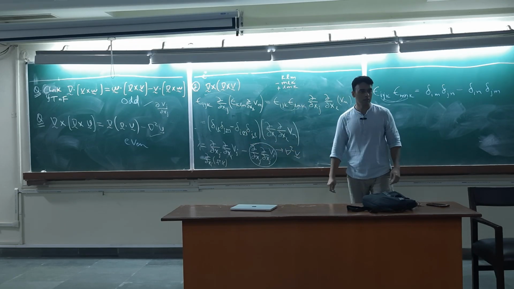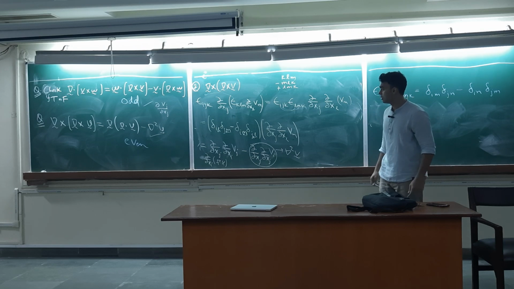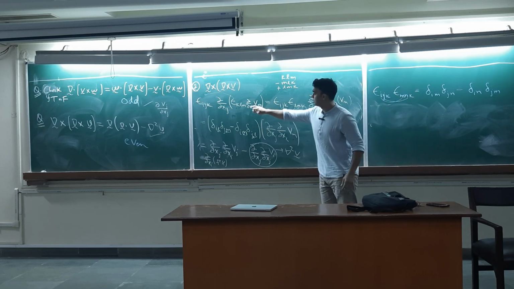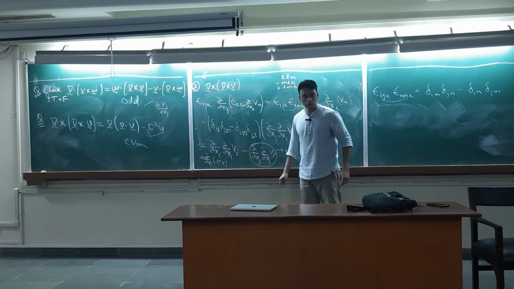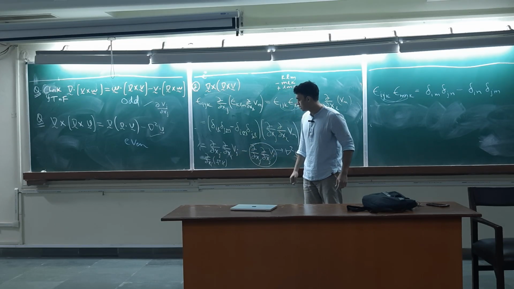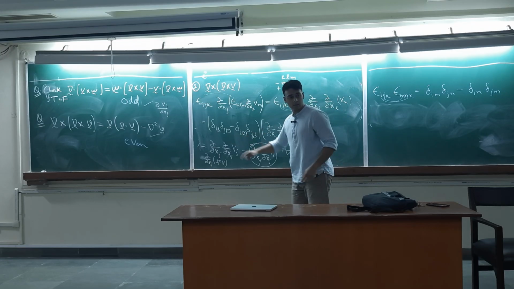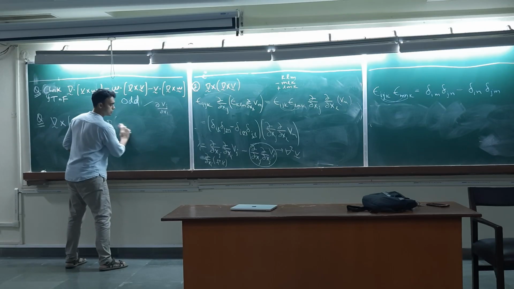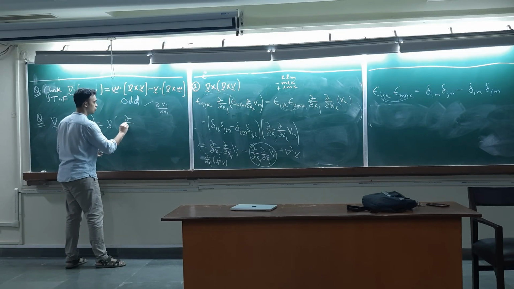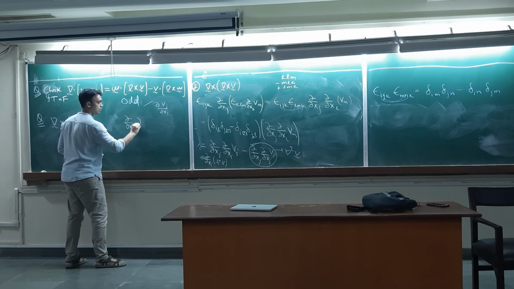Yes? Where? This? Where? This part? Should I explain again? So you are okay with ∂/∂xj, ∂/∂xi vj, right?